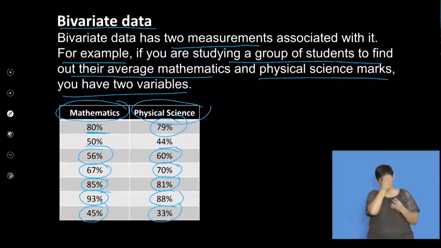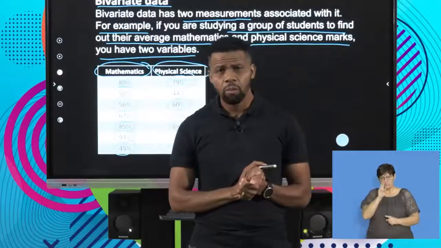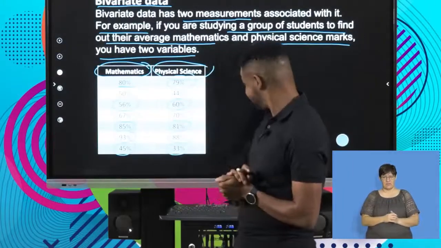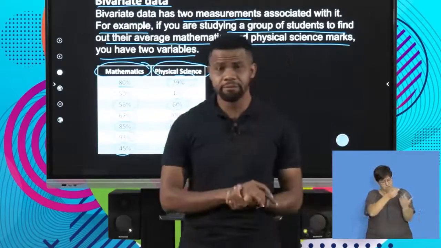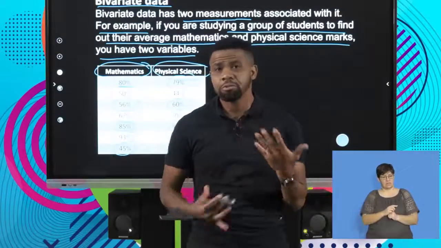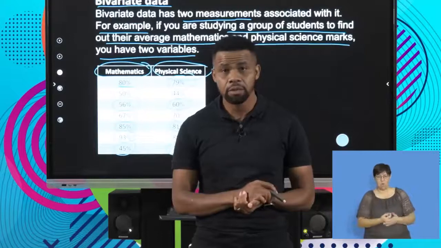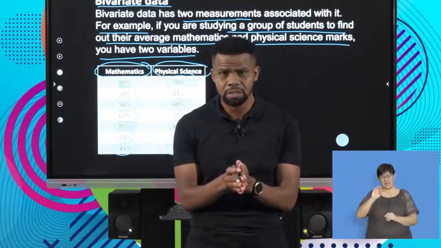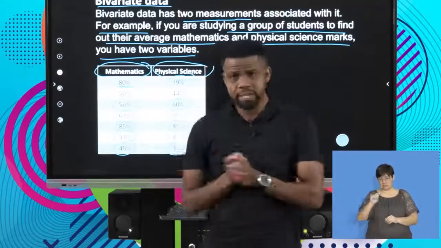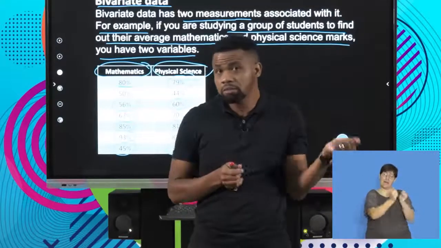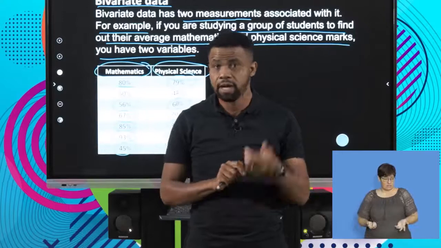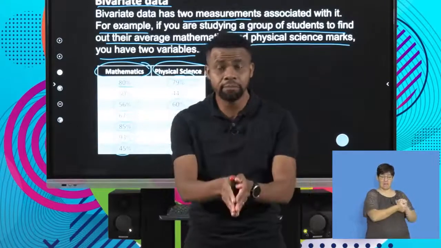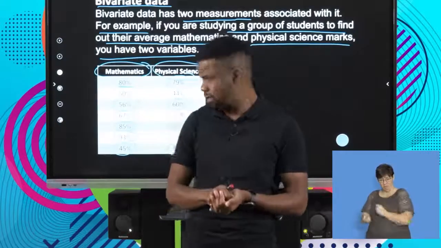By looking at this data, what do you see? What can we conclude from that? Hence we might have to do some analysis or sketch a scatter plot. Based on this, can I conclude a high maths mark implies a high physical science mark? Does it mean if I perform poorly in maths, I'll perform poorly in physical science?